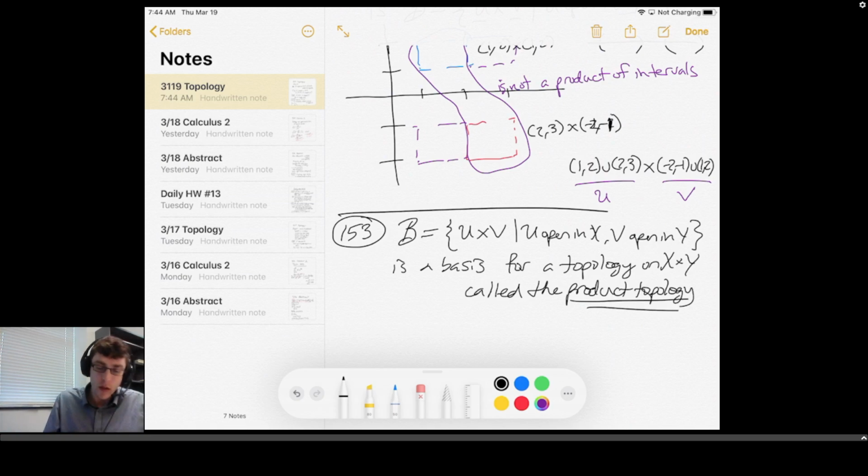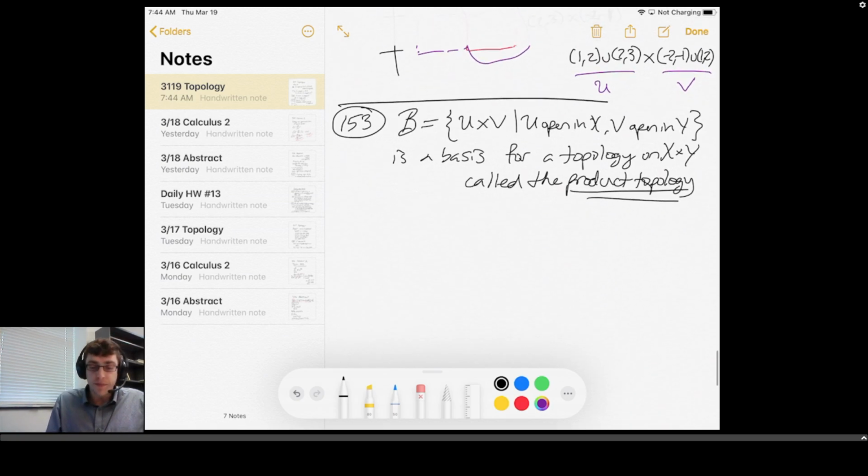All right. So what do I need to show? Well, no, you're trying to do a topology, right? We don't need to do quite that much. We just want a basis.